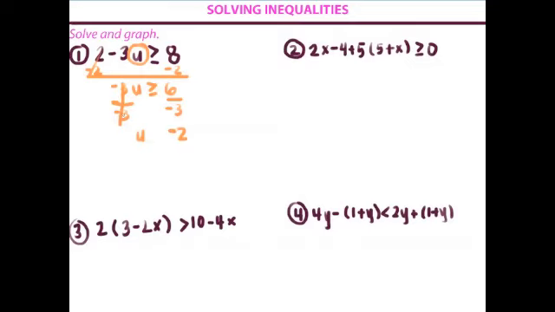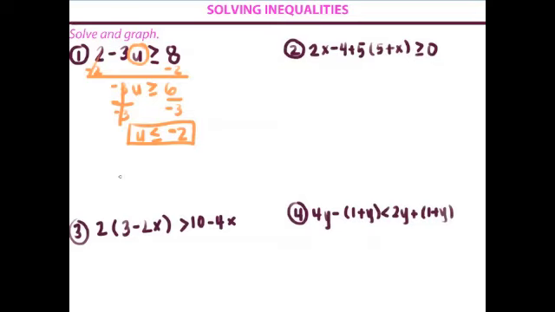But when you divide by a negative number, the only thing that is different about inequality solving is that instead of leaving the inequality the way that it is, you flip it the other direction, okay? That only happens when you're dividing or multiplying by a negative number. So since we divided by negative 3 to get u by itself, we have to flip that sign the other direction. So don't forget that. Okay, that's the only thing that makes it different.